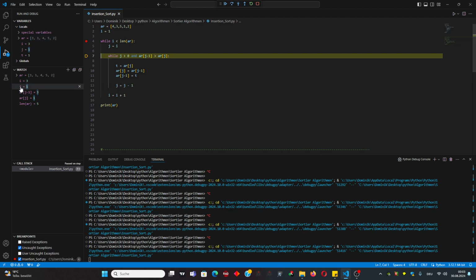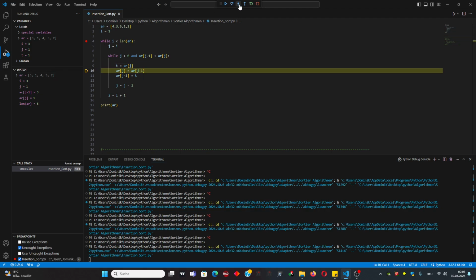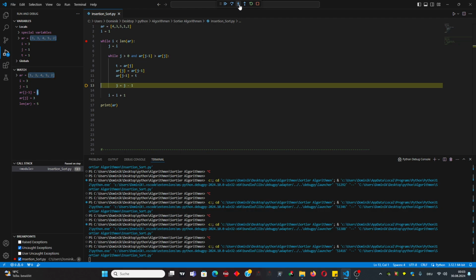And again, J is higher than 0. Then we can compare again the elements in the array. AR[J minus 1] is holding the value 3, AR[J] is holding the value 1. That means we will jump into this block and we swap the 3 and the 1. So it's sorted.